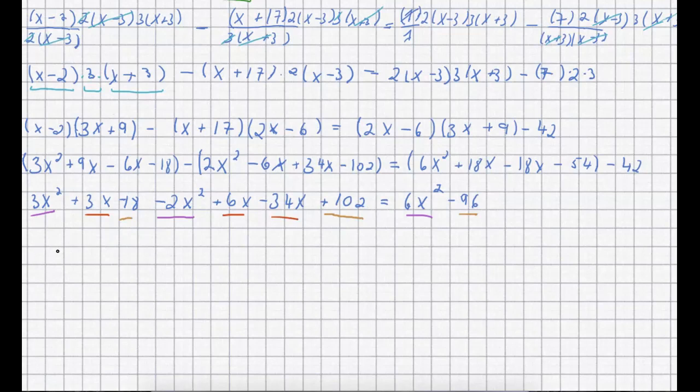All right, so then it's just x בשנייה. ואז 3x ועוד 6x פחות 34. So 3 plus 6 minus 34 minus 25x.